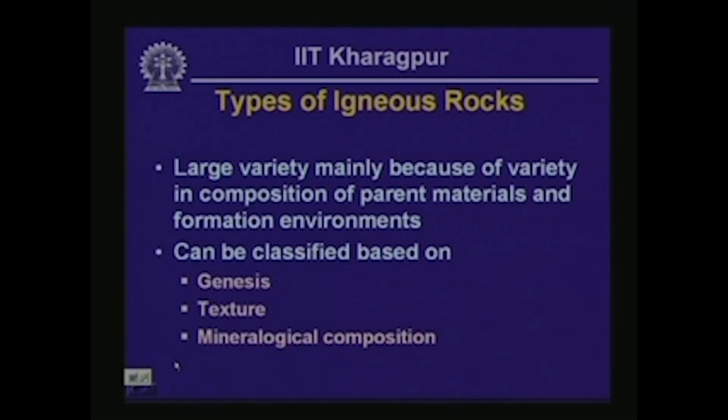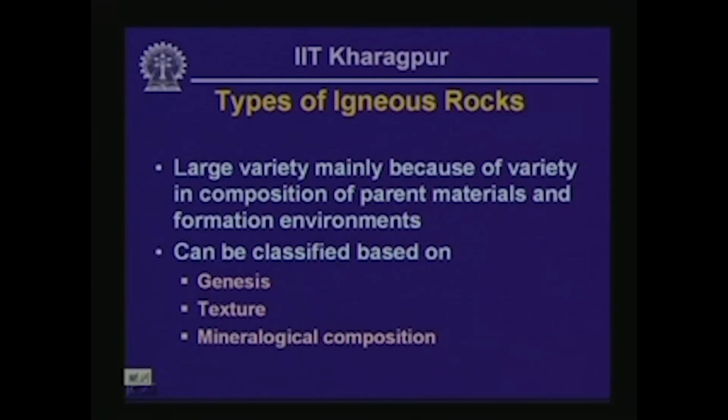Okay. So, as I indicated, there is a very large variety of igneous rocks, and this variety is mainly coming from the range of composition of magma or the parent material. Based on this we have to classify the different types of igneous rocks. What we are going to base our classification on is the way the igneous rocks form, or the genesis of these rocks.